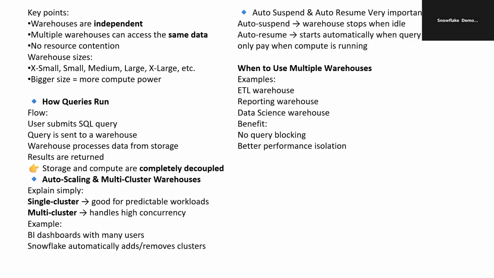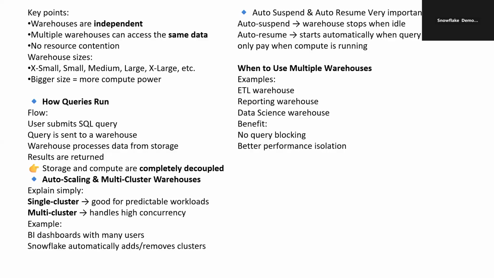Power BI will have its own warehouse. They are independent of each other, so there is no issue while fetching the data or doing any inserts or updates. Multiple warehouses can access the same data because your persisted data is the same. No resource contention.